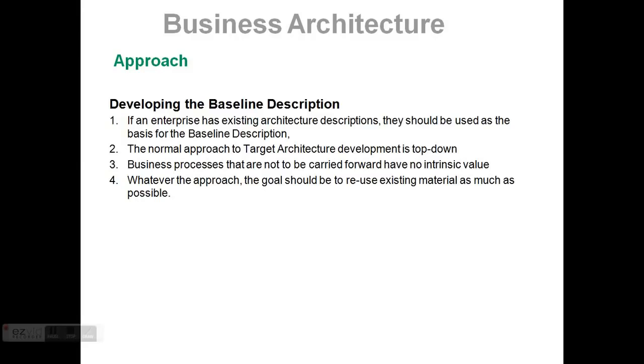The normal approach to target architectural development is top-down. In the baseline description, however, the analysis of the current state often has to be done bottom-up, particularly when little or no architectural assets exist.